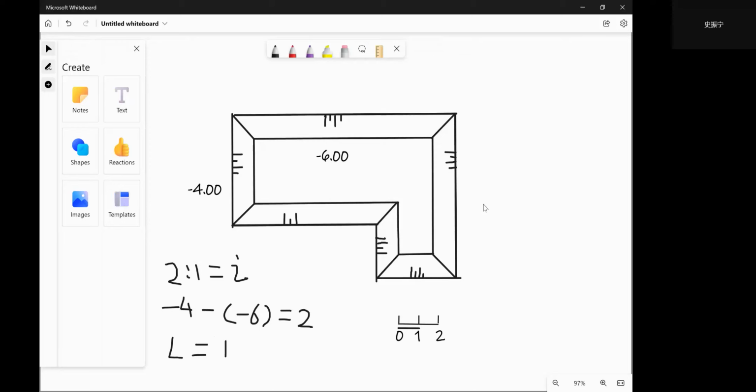This week I will tell you the rest of our class, and next week we are going to review the section view and the cross section view, and all the questions are in your exercise book.